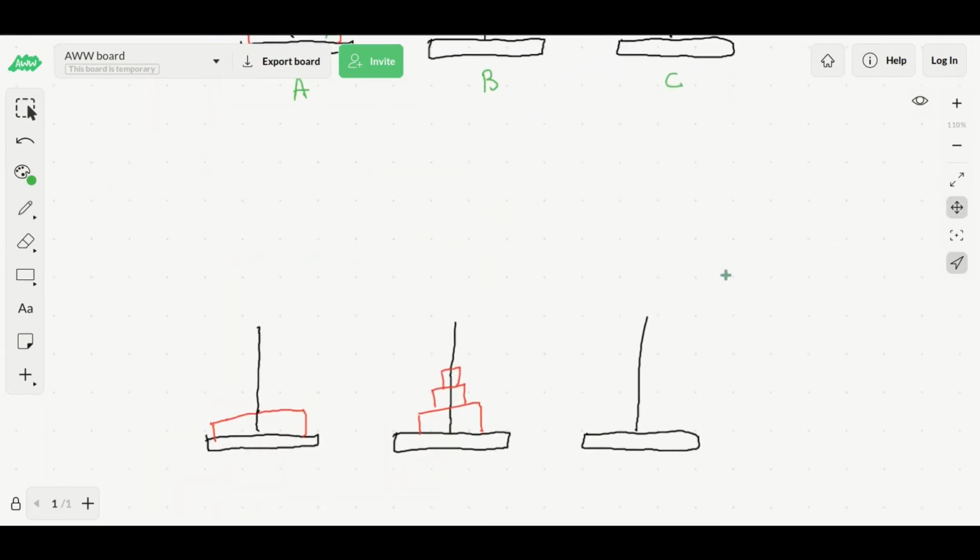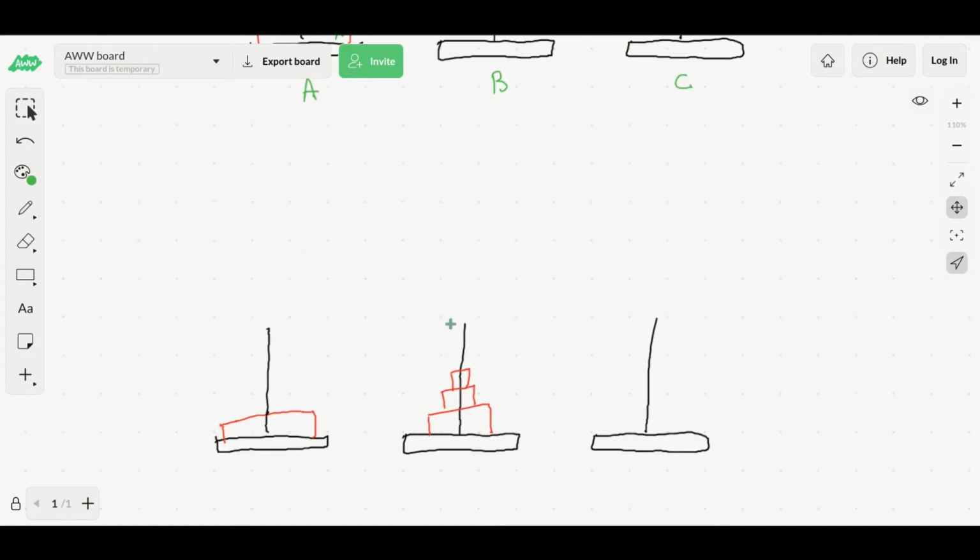So here, what we did was to move all these disks, so this move here is equivalent to our function f. We move 3 disks from A to B using C to get to this position.